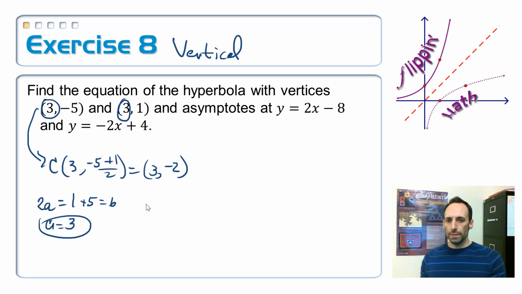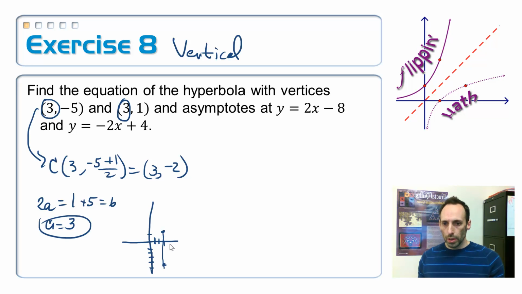But what about my b value? I think maybe what I need to do is sketch a picture so I can get a hold of this information in a visual sense. So my two vertices, where are they? I've got 3, 1, and 3, -5, and one at 3, 1, which is right here.